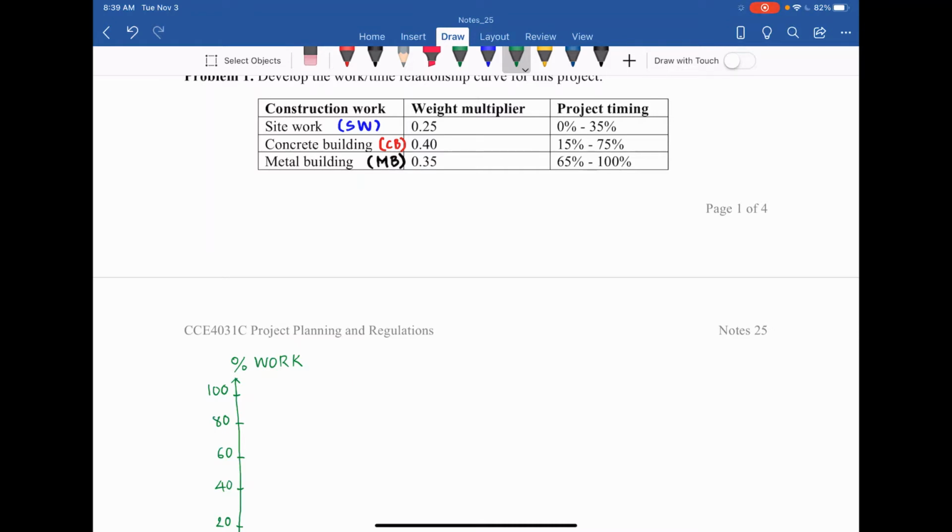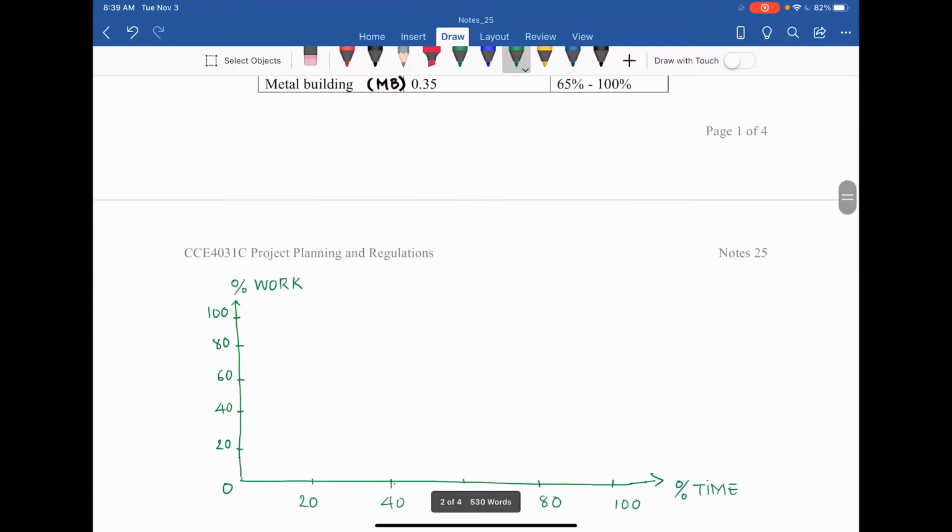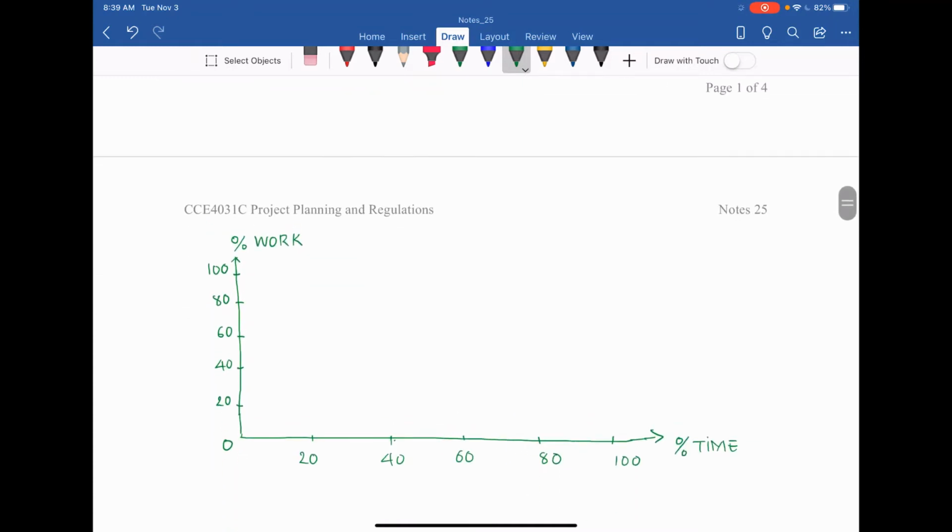From here, as you can see, for the site work in this problem, the weight multiplier that measures the effort is 25% of work, and the timing is 0% to 35%. In terms of time, it's 0 to 35.